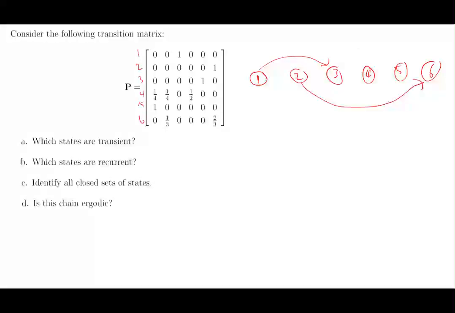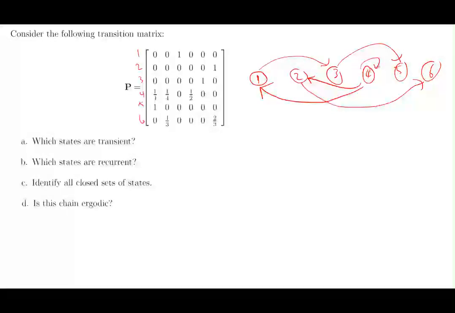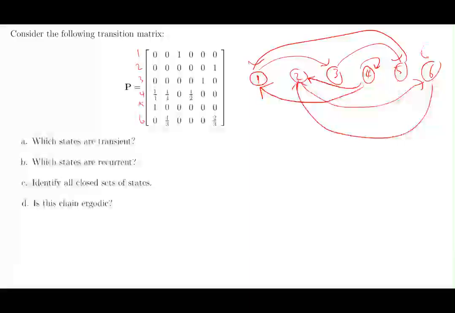From 3, you're going to go to 5. And then from 4, you're going to go to 1, you're also going to go to 2, and you also go to yourself. From 5, you're going to go to 1. And from 6, you're going to go to 2, and then to itself.